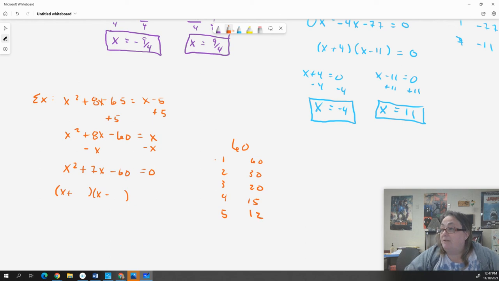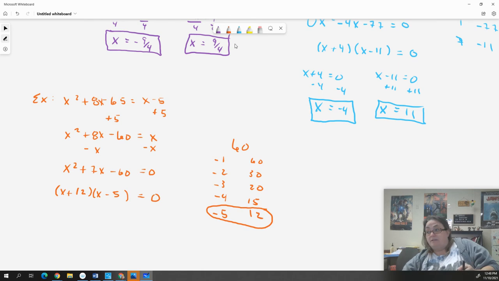Remember, my bigger ones are positive, so my littler ones are negative. And we're trying to find the ones that equal 7, which is why I stopped at 5 and 12, right? Because 12 minus 5 equals 7. And so here where my positive is, I'm going to put 12. And here where my negative is, I'm going to put 5.